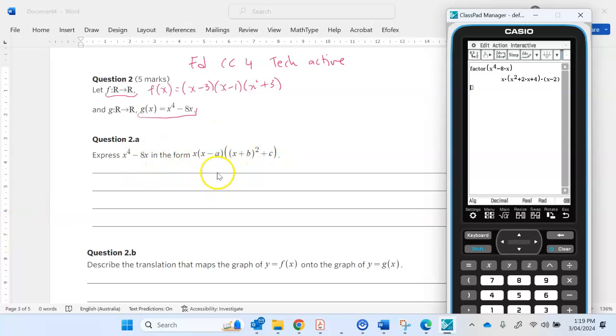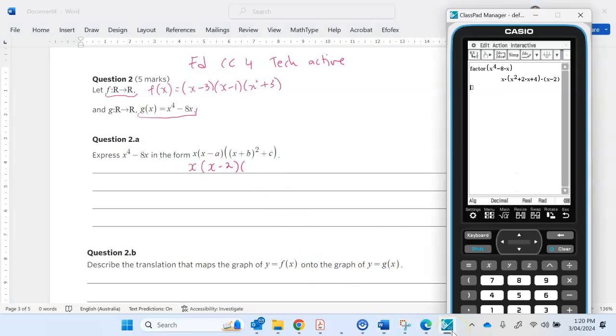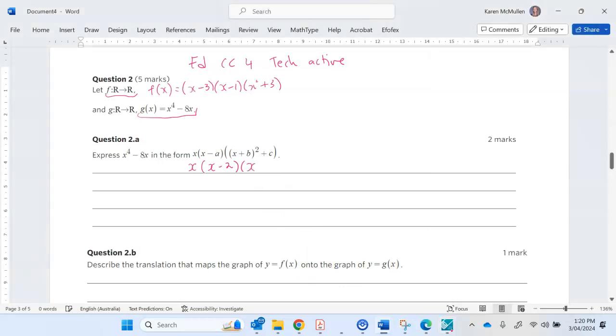We've definitely got the x out the front and the x minus 2, but we've got this quadratic here and they've put it into turning point form. So we do need to change that. Let me quickly write this down, x minus 2, and come back up, x squared. Oh, that's not a hard one to do by hand.